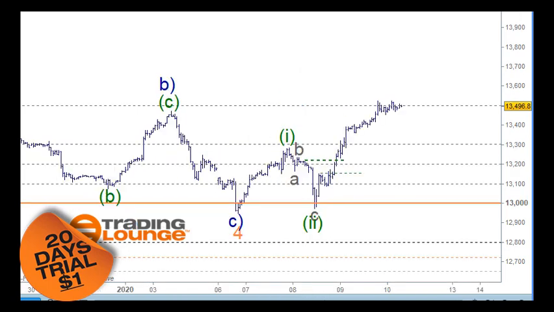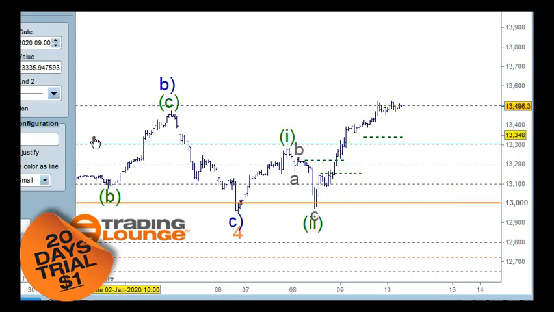So just going to the hourly chart here, we've got one position in here, a small position, another position through here, so we can look to start protecting this now.